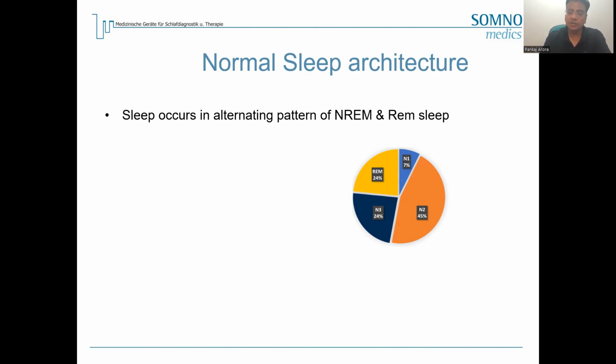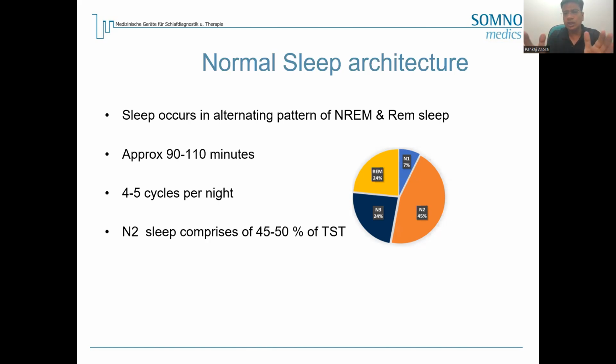Then he will go to N2, then into a deeper stage called N3, and then he will go into REM, the rapid eye movement stage. This takes approximately 90 to 110 minutes to complete this cycle, and this cycle happens 4 to 5 times each night.